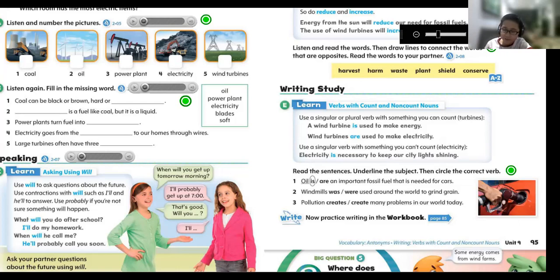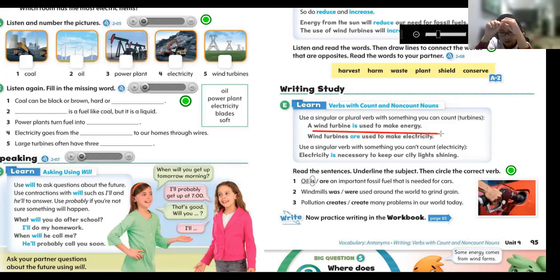Okay, so here, a wind turbine is used to make energy. Look at this. It's the same with what you said. If it doesn't have an s, it's just singular, so you will use is because it means it's just one.